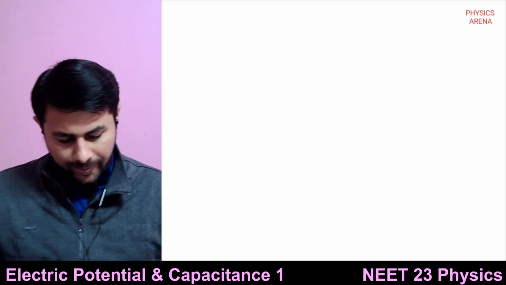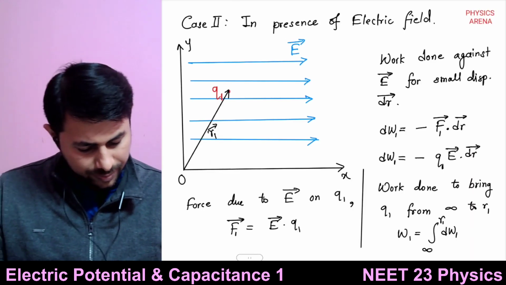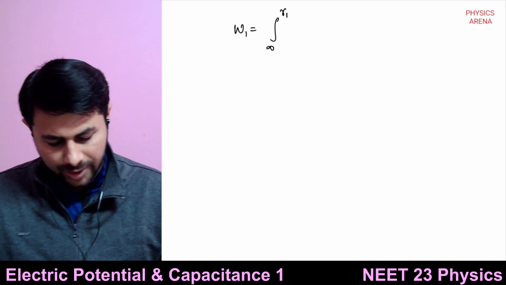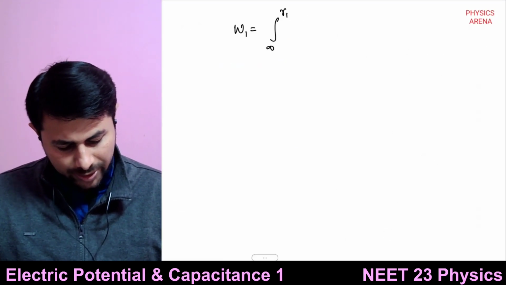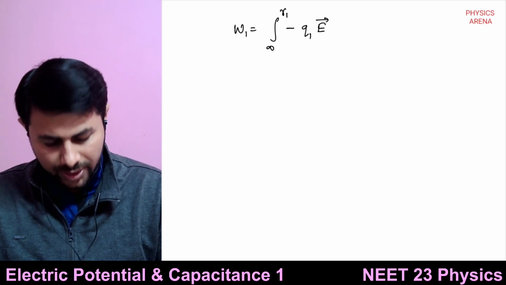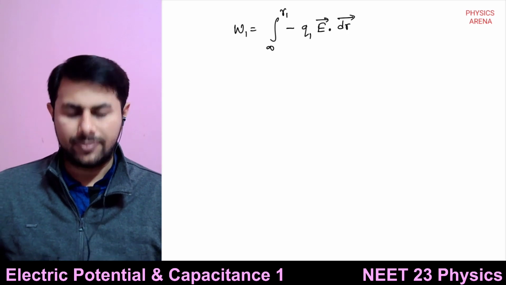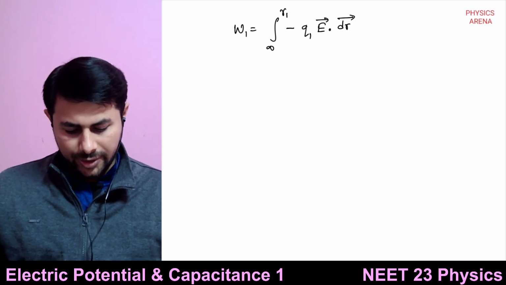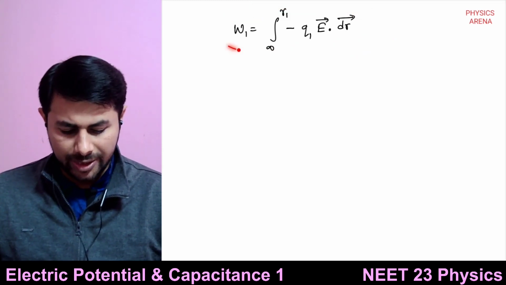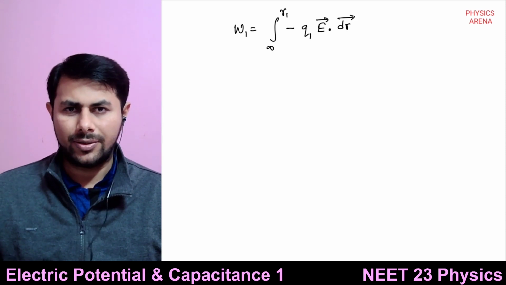And okay, we can write it down. So W1 will be equal to the work done to bring charge Q1 from infinity to R1. And what is dW1? It is minus of Q1 multiplied by E bar dot dr bar. So this much will be the potential energy of Q1 when you bring it from infinity to R1.